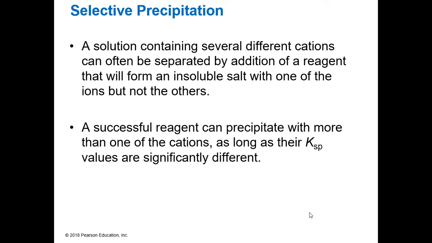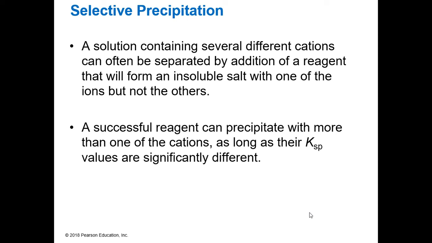We call this a selective precipitation. A successful reagent, so one that is going to precipitate out, we need it to precipitate out with one of our cations, depending on what we're looking for, as long as our KSP values are significantly different.